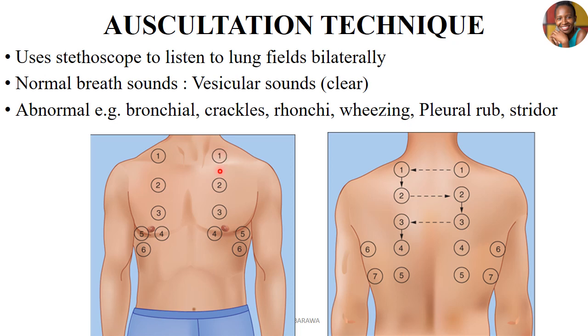And then you move downwards to number 2. Remember, this movement is also continuous. You don't zigzag your patient. You have to move downwards, continuous, to number 2. Tell your patient to do the same all the way until you're done with point 6. Like I said again, these points are supposed to help you make sure you have accessed all the lobes of your lungs.